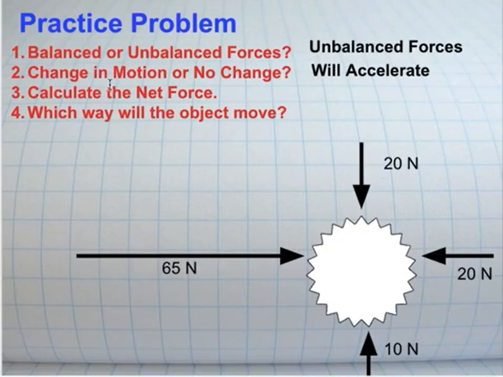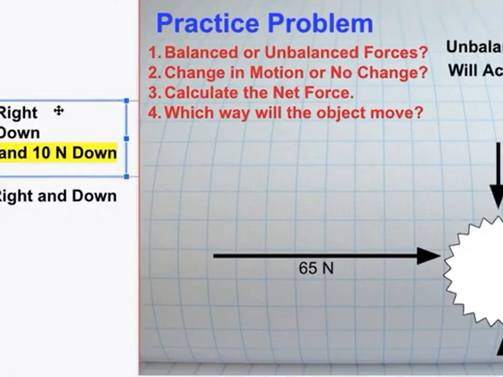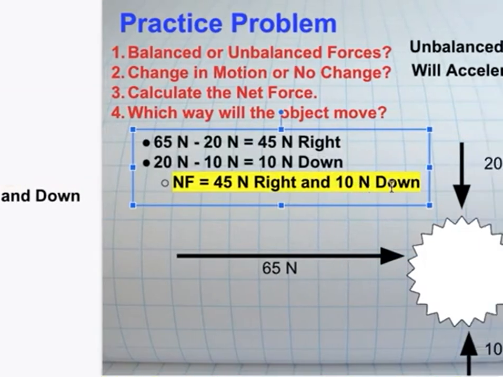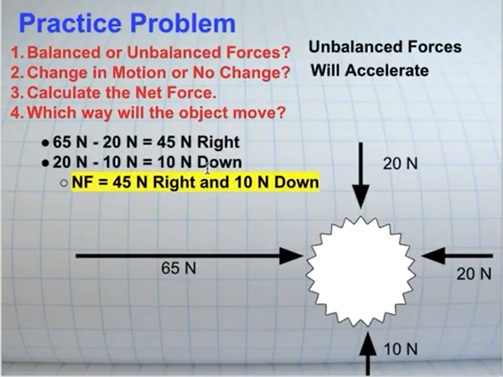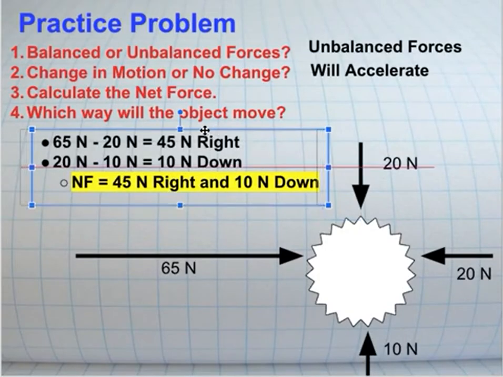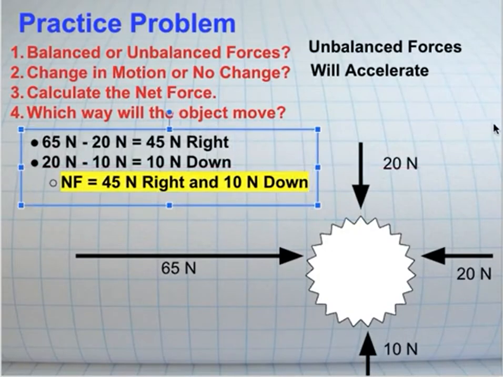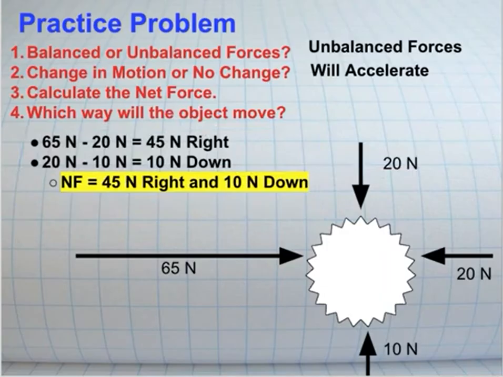So now, in order to answer the last question, which way will the object move, we have to find the net force, because we need to know what's going to happen here. I'm just going to move everything over. I've already made my calculations. I just didn't want to type and explain everything at the same time.